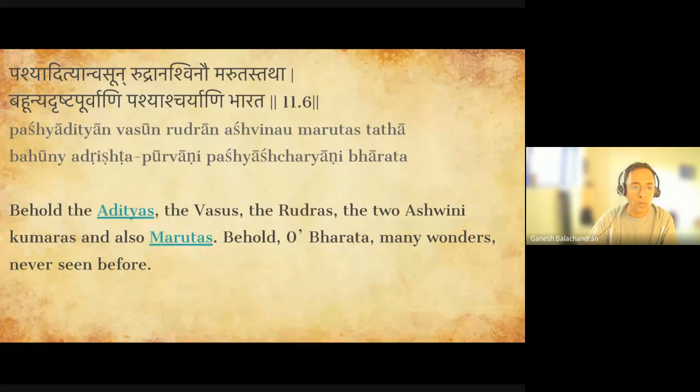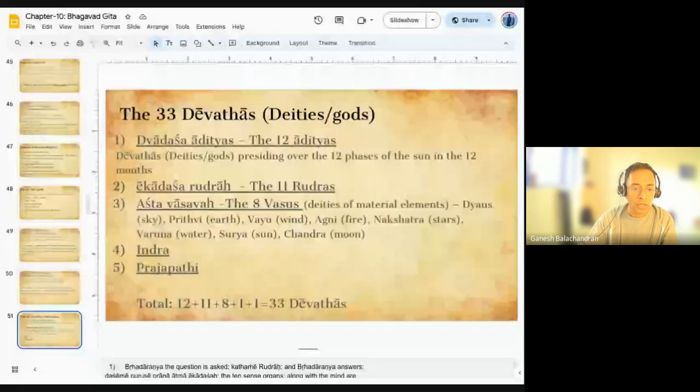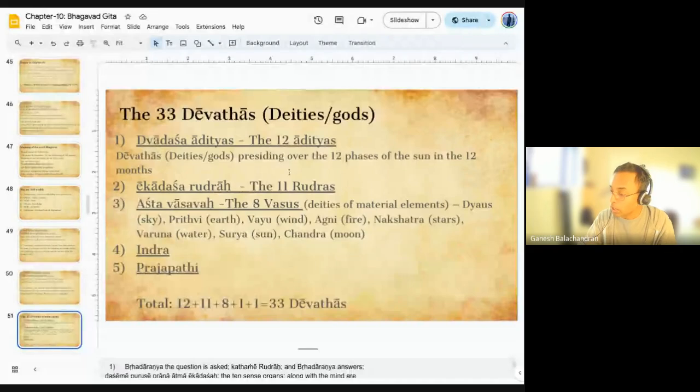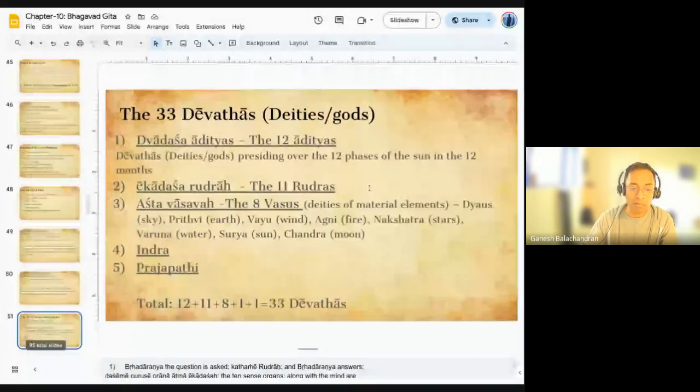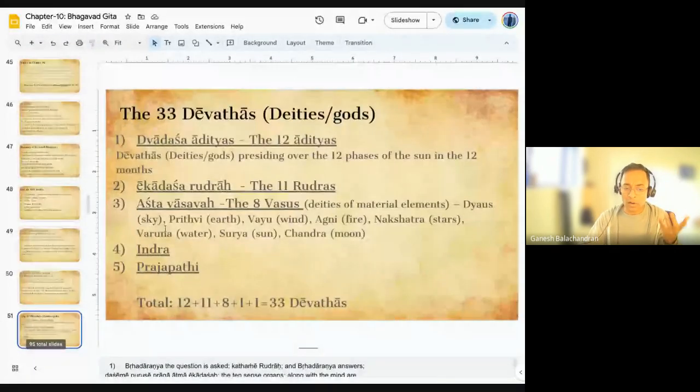Okay, so we've seen the 12 Adityas, the deities presiding over the 12 faces of the sun, Ekadasha Rudraha. There are two versions of the Rudras. One is a Rishi asking Shiva for a boon to be born as his sons to destroy the Asuras. Another is that Brahma becomes angry, and from his anger come 11 Rudras. Then Ashta Vasavaha, the 8 Vasus, deities of material elements, that is sky, earth, wind, fire, stars, water, sun, moon, all that.